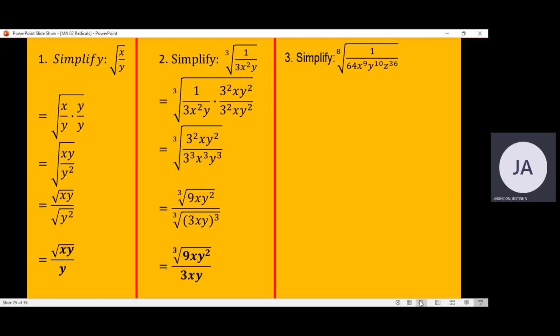Another example, the eighth root of 1 over 64x raised to 9, y raised to 10, z raised to 36. Try to think of an expression so that our denominator is a perfect root and free from radicals.